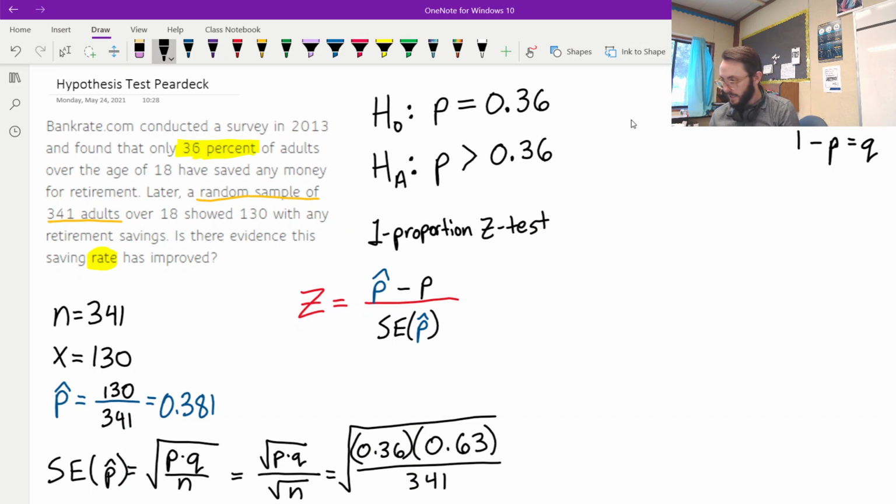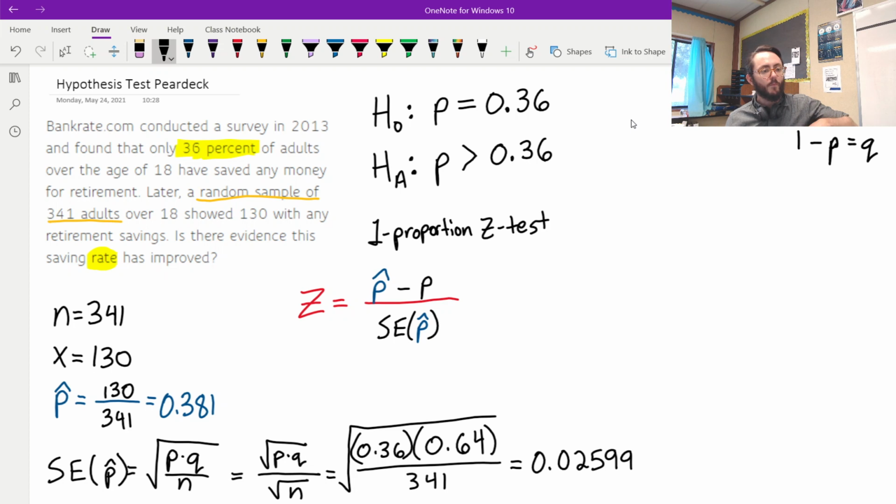So now that we can calculate that, oh wait, not 0.63, it's 0.64. Right. Okay. Multiply, divide, and square root. That gives 0.02599.